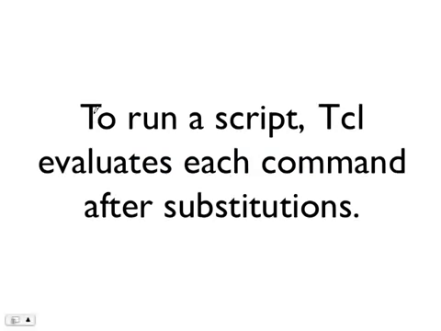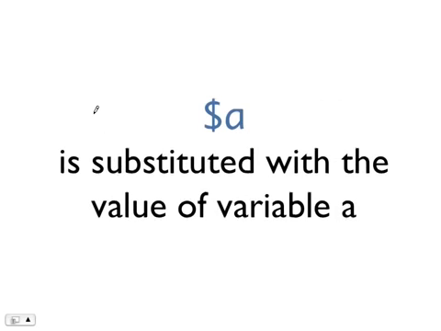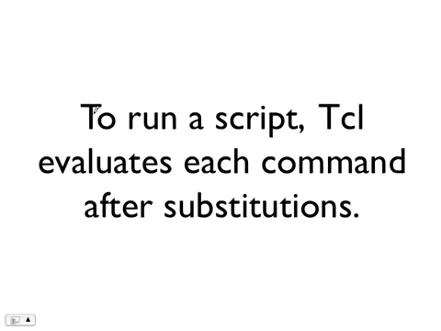Now, a command is interpreted in two steps. First, it performs some substitutions on the words in a command. After substitution, the arguments will then be passed to the procedure named by the name of the command for evaluation.